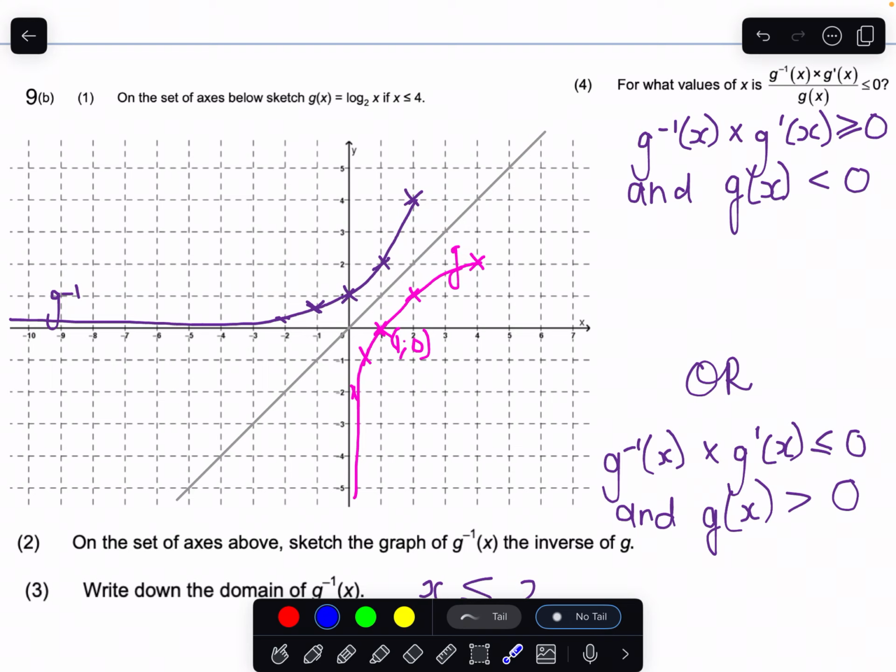So in order for this product to be greater than or equal to 0, we need this to be positive as well, or equal to 0, and I don't think we ever get the gradient being equal to 0, because we don't have a turning point on the exponential graph.